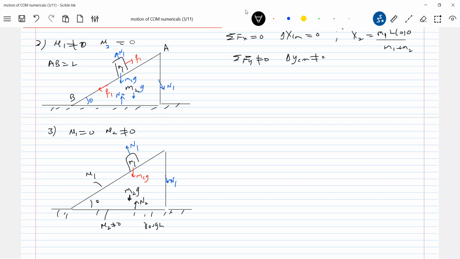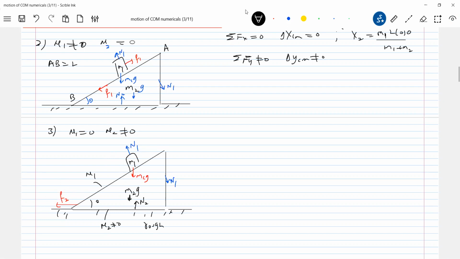Towards left, because N1 sin theta will try to shift the wedge towards right, so the friction will be acting in this direction. Whether the wedge is at rest or in motion, what is the net horizontal force acting on the system? F2, this is unbalanced. The N1 sin theta acting on the wedge will be balanced by N1 sin theta acting on the block. So N1 will become internal to the wedge-block system, whereas F2 will become external. So net force is acting towards left. So the center of mass will shift towards left here.